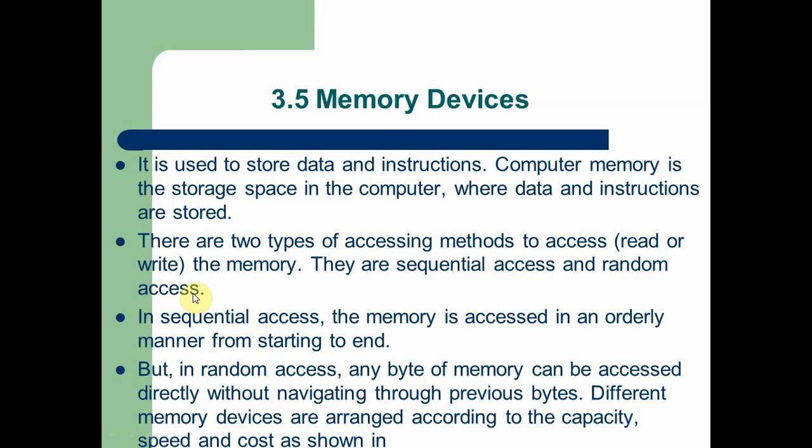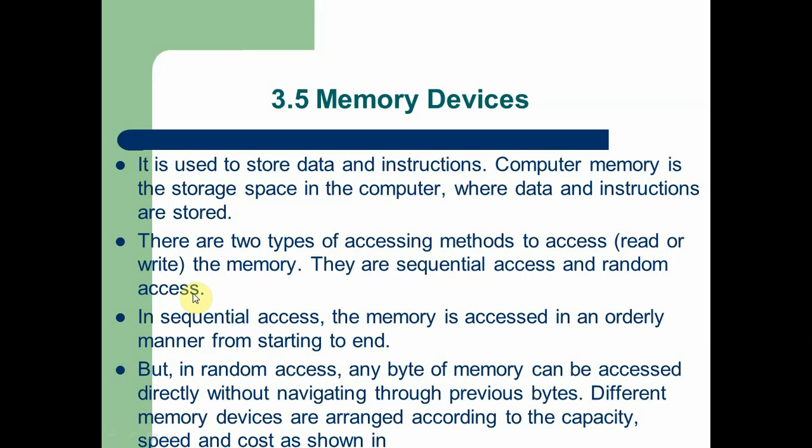which can be understood by digital audio devices, where we are not starting from the beginning. If you want to play any particular song from the CD or DVD or any pen drive, you don't need to use the play, rewind or forward button. Simply you can directly go to that particular file and play it by using a number or a file name.